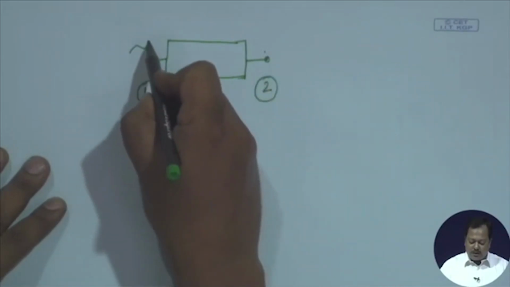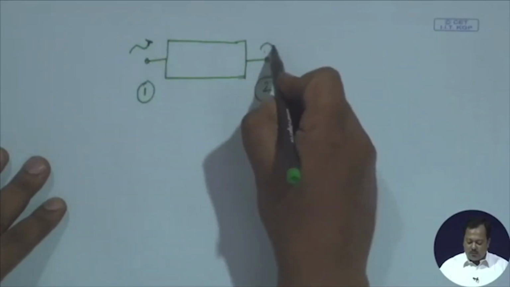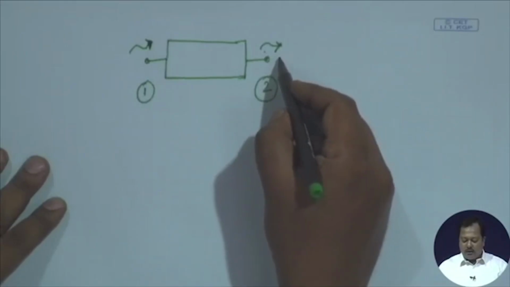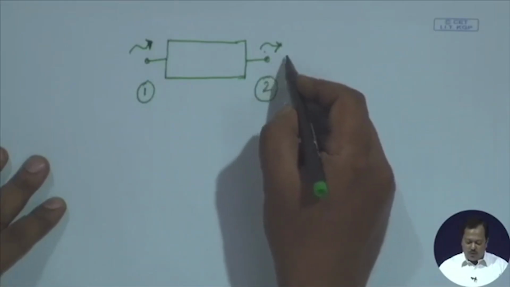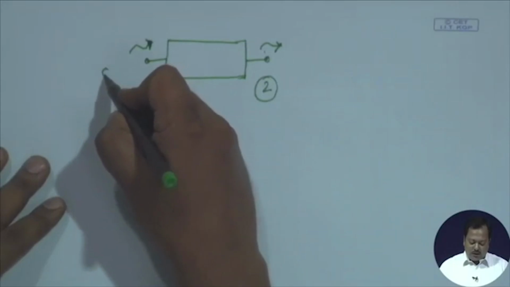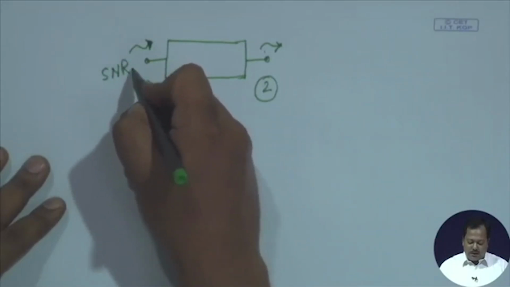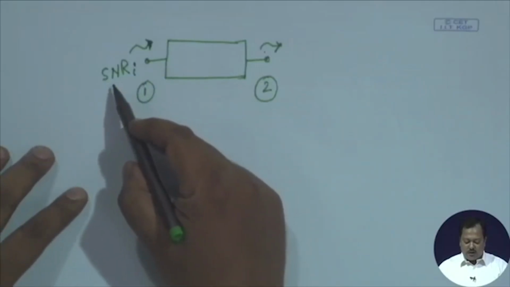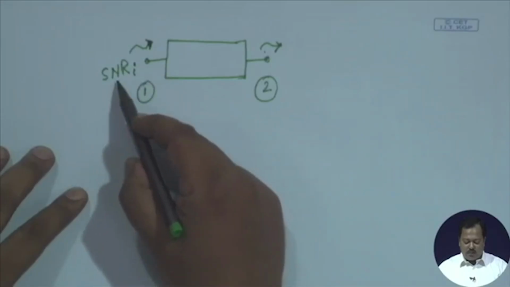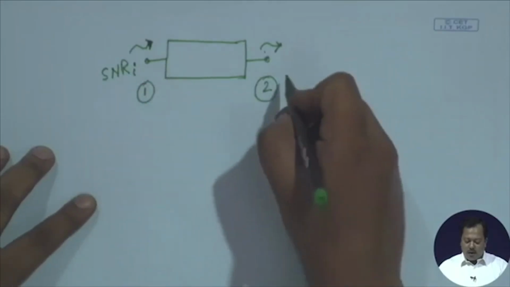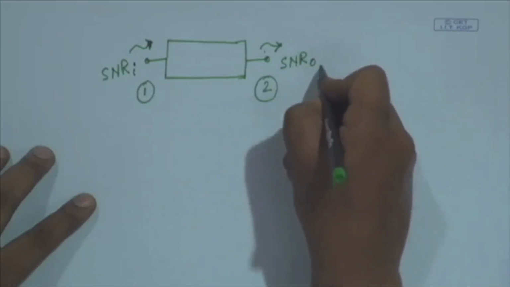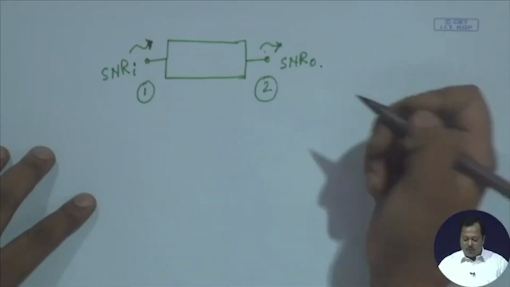It is receiving some signal at port 1, and then we are collecting the signal at port 2. Let us say the signal to noise ratio at port 1 is given by SNR_I, and the signal to noise ratio at port 2 is given by SNR_O.